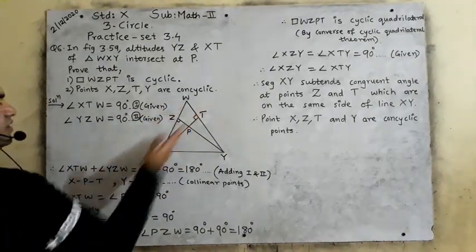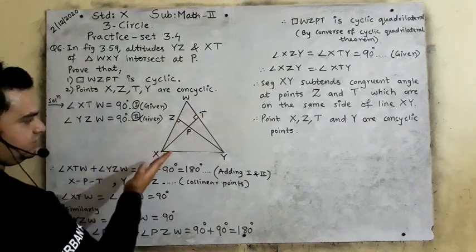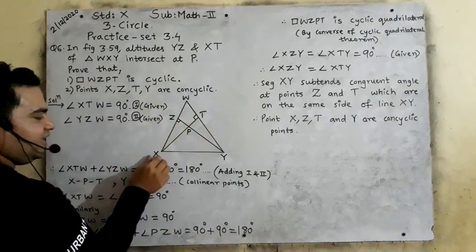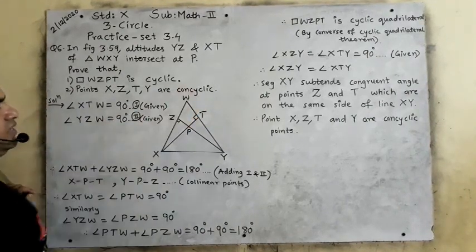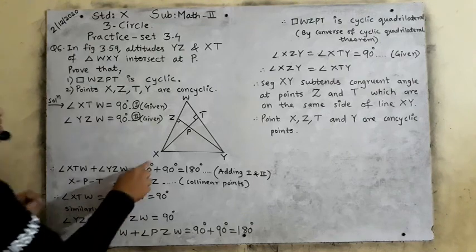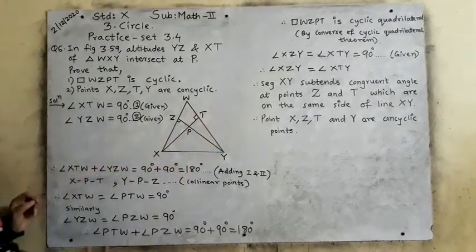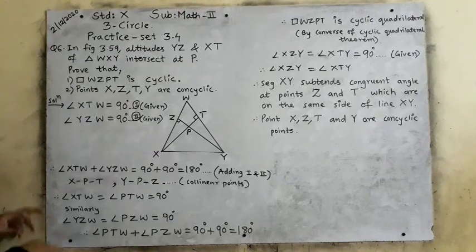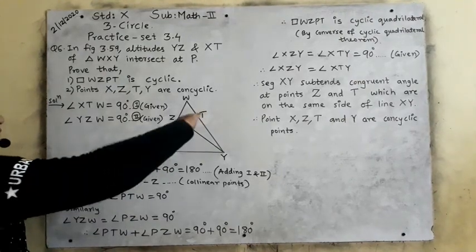Same here, can you see X, P and T? These three are collinear points. So you can say angle XTW is equal to angle PTW. Why? You start from here or you start from here, T will come in between only. So now we will mention here X, P, T are collinear points.